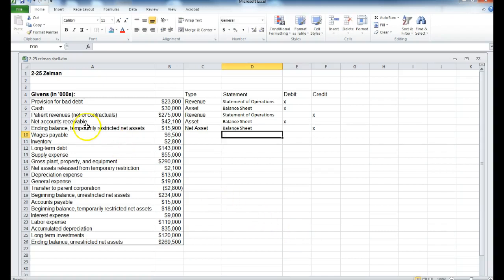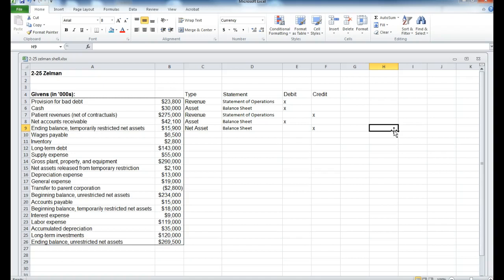A little bit about temporarily restricted net assets. So what is that? Let's say I give $100,000 to Regis College, and I say, here's $100,000. You can only use that to outfit a new computer lab. And so I have put a restriction on that money. So when Regis gets that money, let's think about the journal entry that they would make.